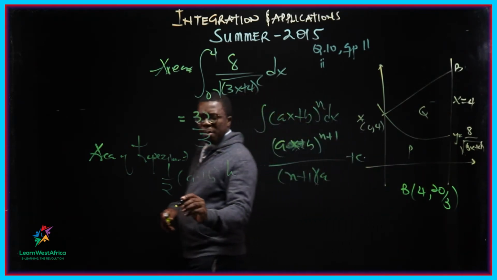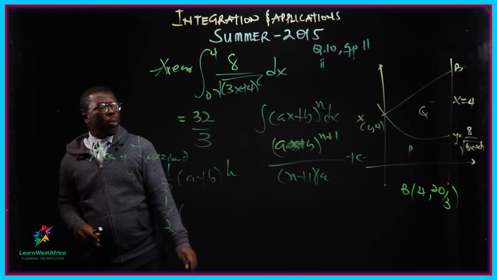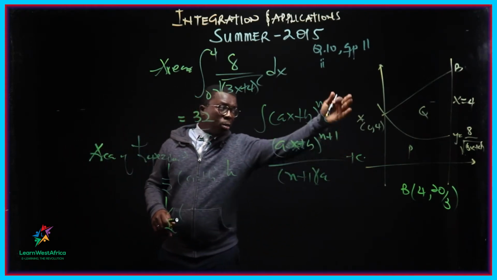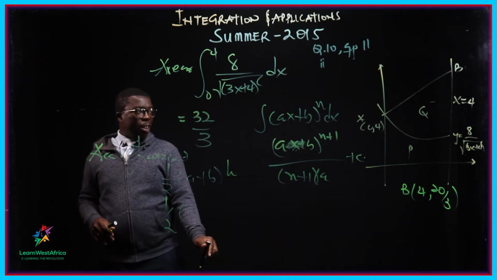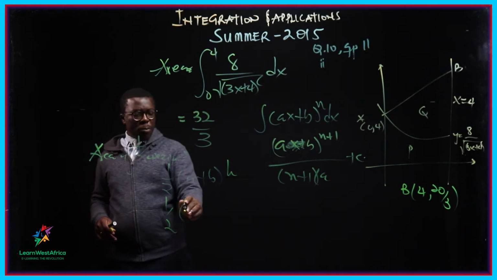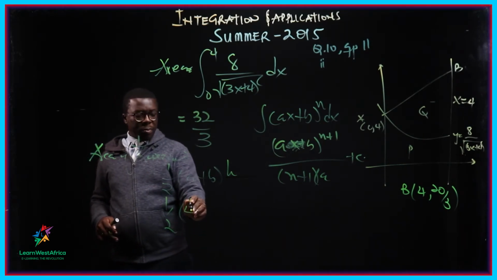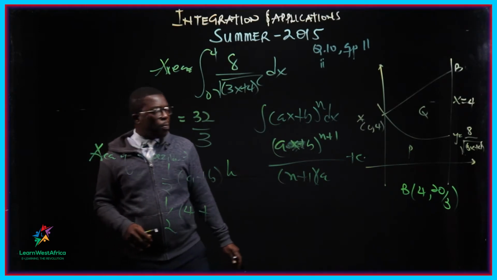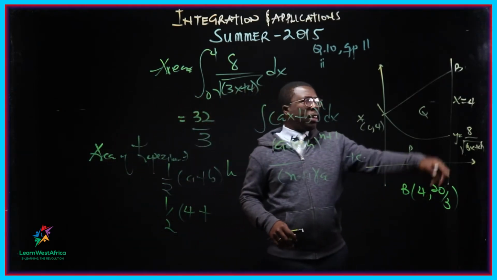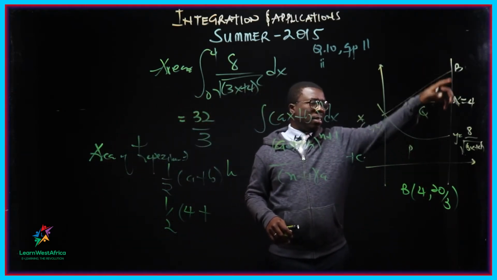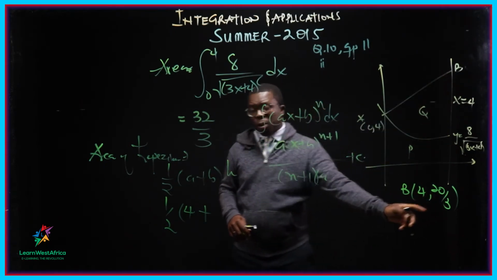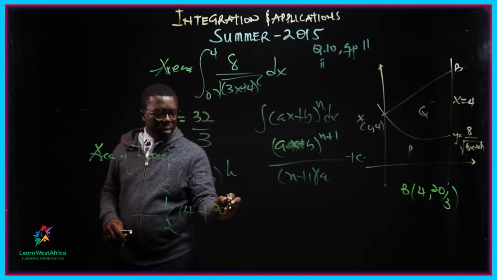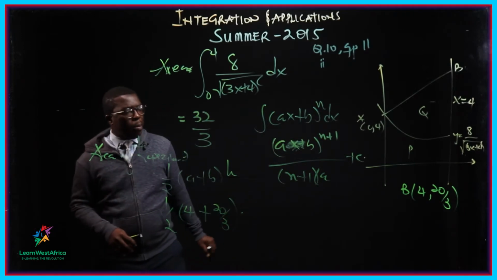So we are going to have half. What are the parallel sides? The part that goes on A is going to be 4, plus B, and B is the part that goes onto the y-axis. So that distance there comes from the coordinate of B, which is 20 over 3, times the height.